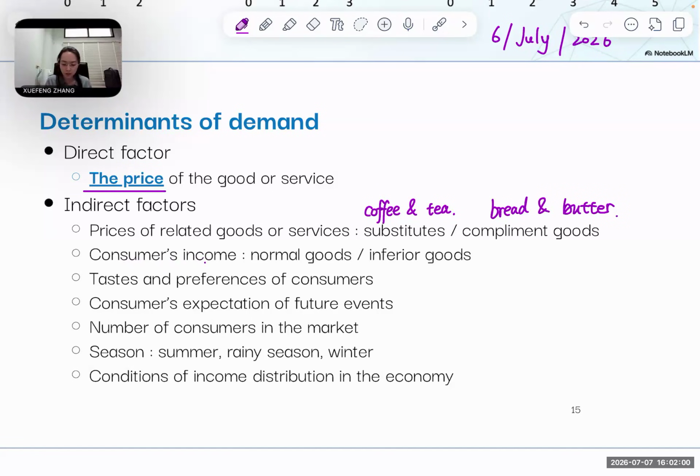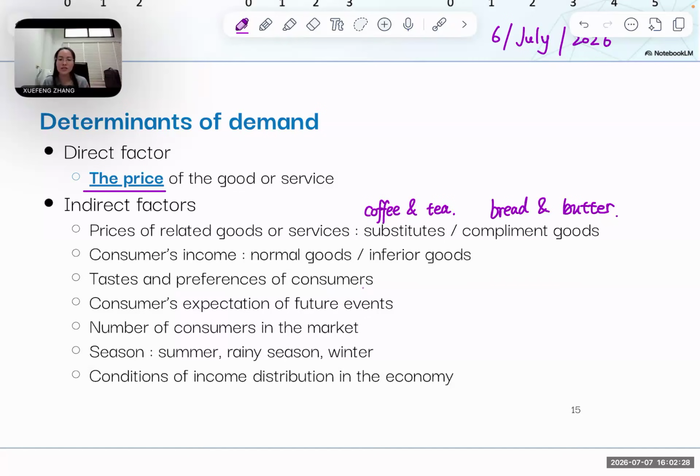Next one, consumers' income. Okay, so we can distinguish by normal goods or inferior goods. As a normal good, you buy more as income rises, but for inferior goods like instant noodles, you actually buy less as you get richer. Next one, tastes and preferences of consumers, right?